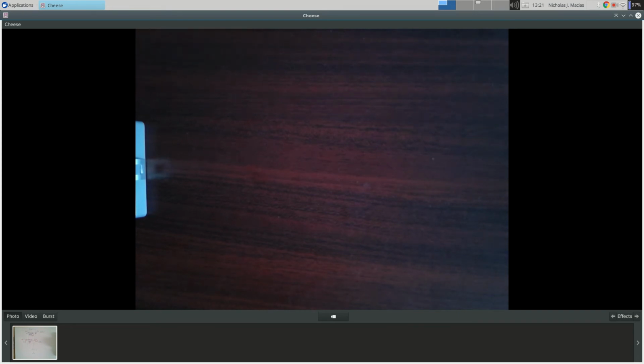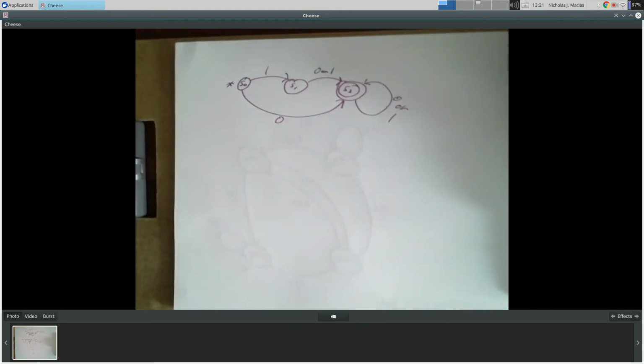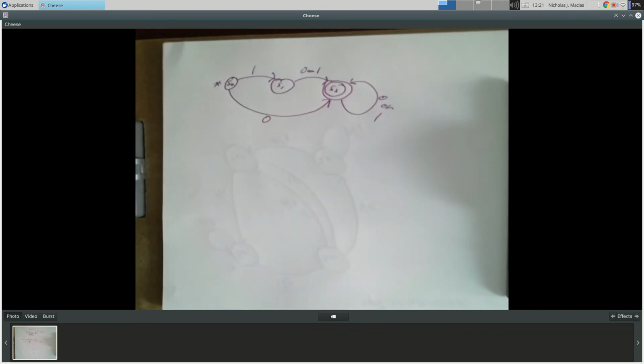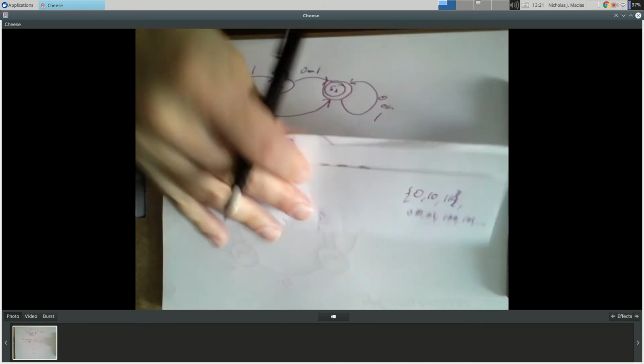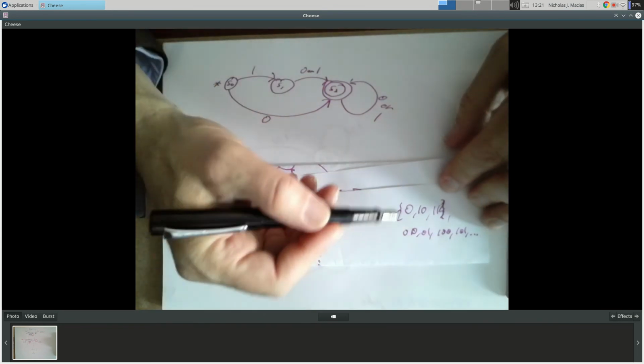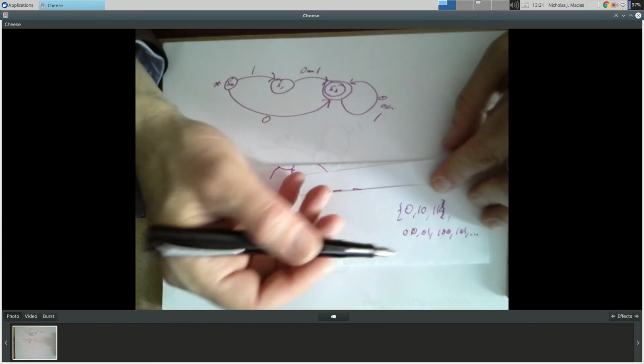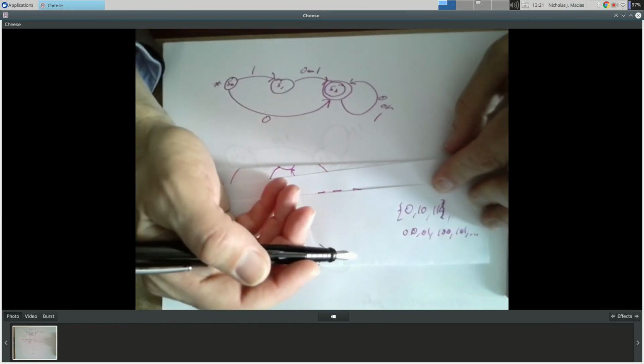So let me add another transition from S2, which says if you're in S2 and you have a 0 or a 1, we go back to S2. So now we recognize these additional strings, any string that we recognized before followed by a 0 or a 1, or any pattern of zeros or ones.